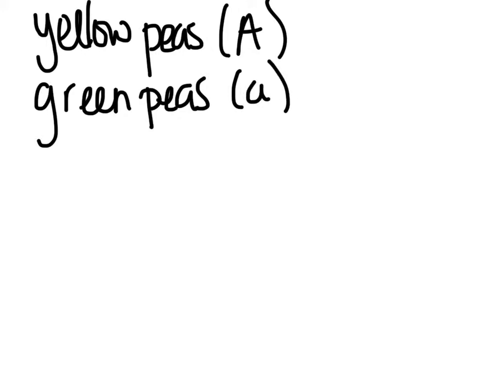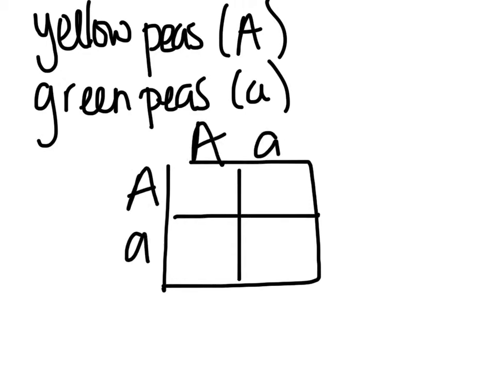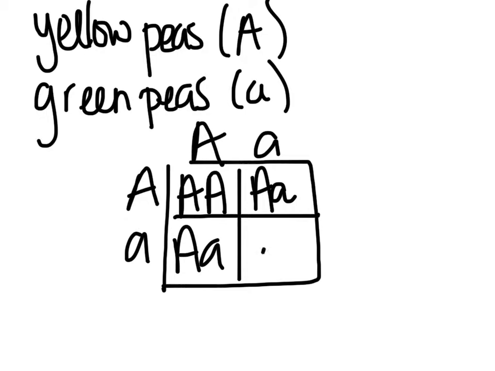And we're going to cross two heterozygous plants. So if we cross two heterozygous plants, we're going to have mom and dad being big A, little a. Okay, so this would be the outcome of that cross.